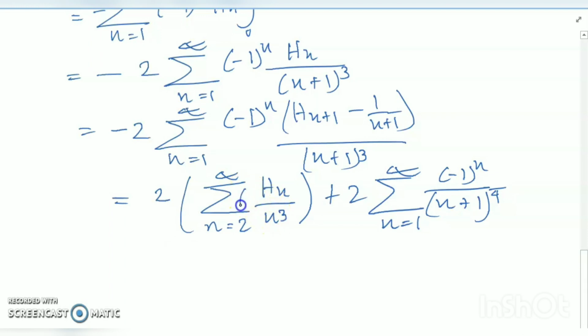So it can be written also another way, minus 1 to the power n. Okay, so minus 1 to the power n is n cube.